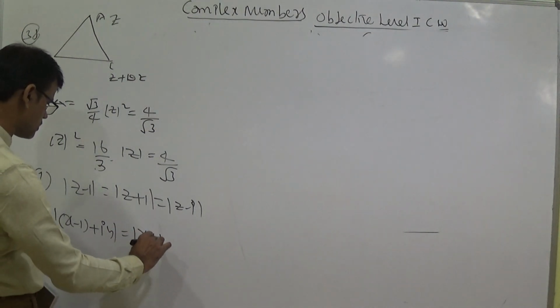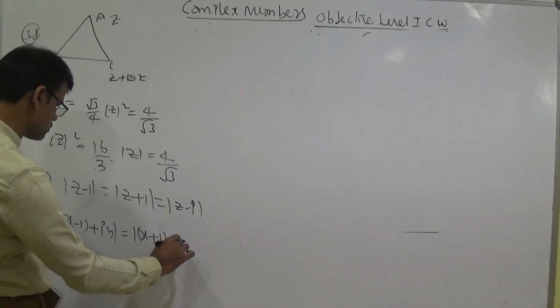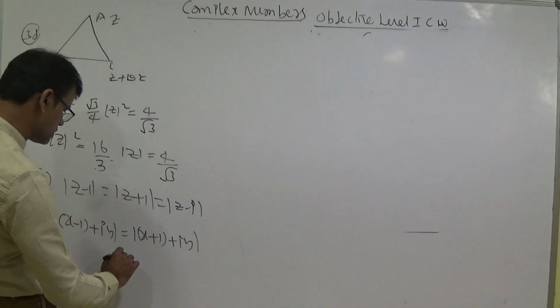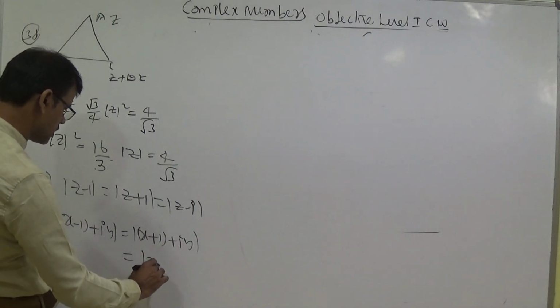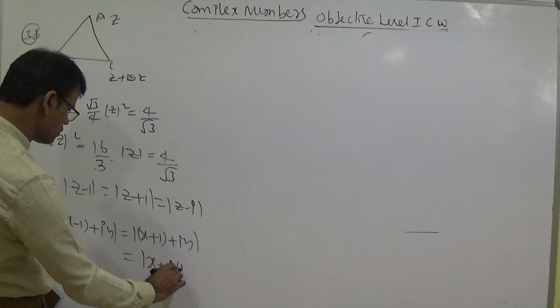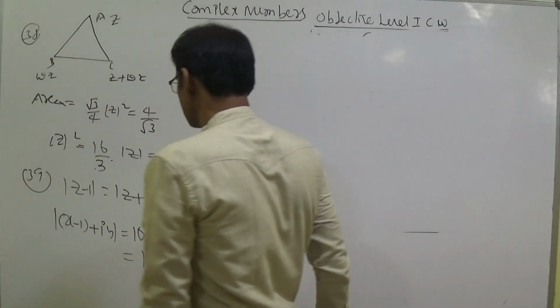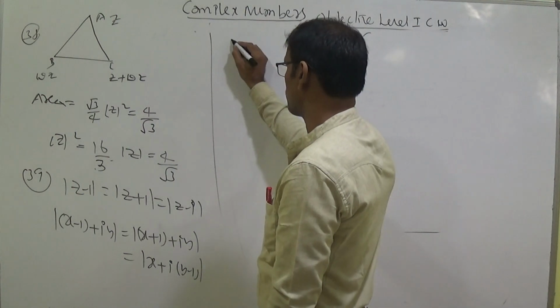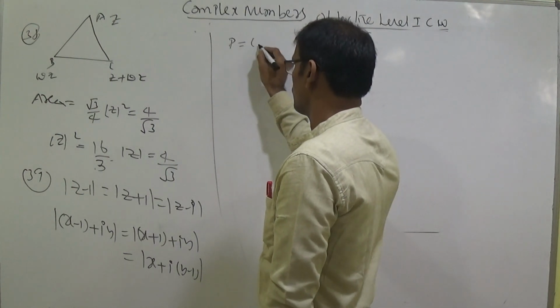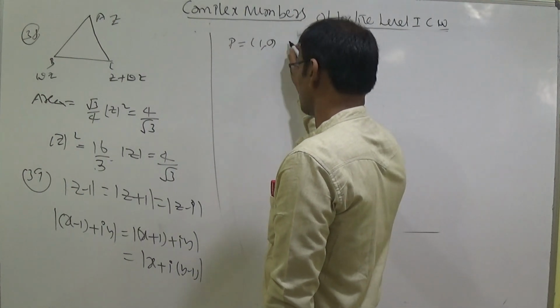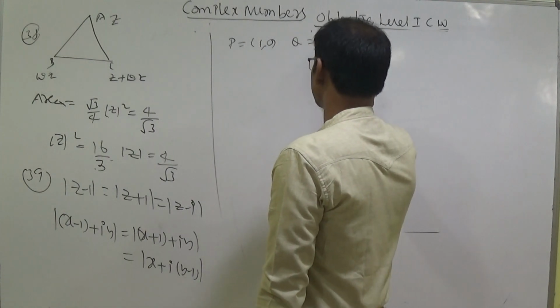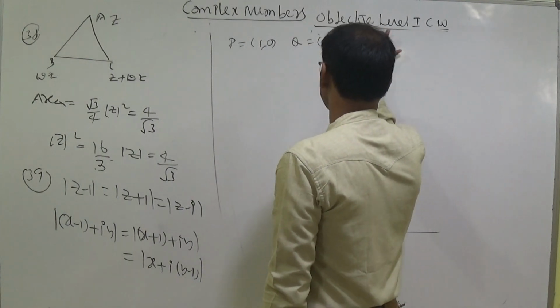Similarly x plus 1 plus iy, and x plus i into y minus 1. Depending on this you can understand the points: point P is 1 comma 0, point Q is minus 1 comma 0.